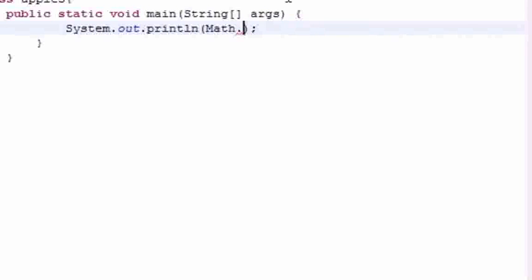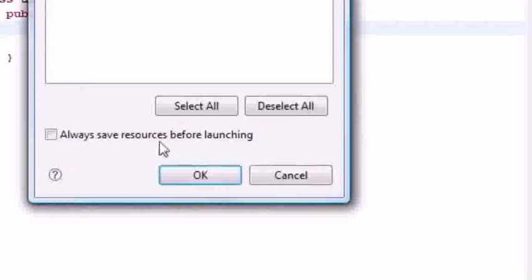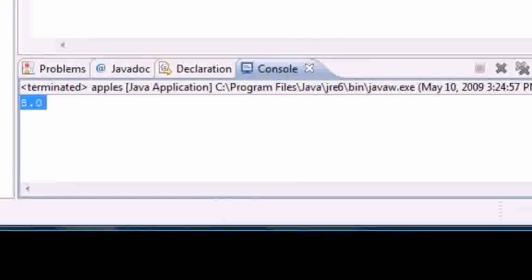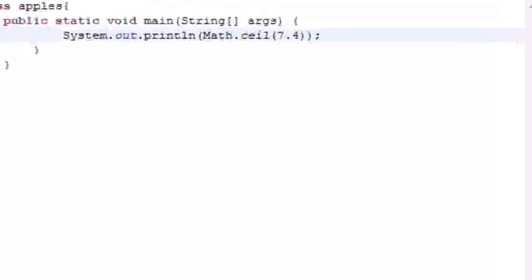The next thing I want to teach you about is ceil, and this stands for ceiling. Any number you give it, it's going to round it up. So if you give it 7.4, when you run it, it's going to round it to 8. Even if it is really supposed to round down to 7, when you use ceil, it always rounds it up.